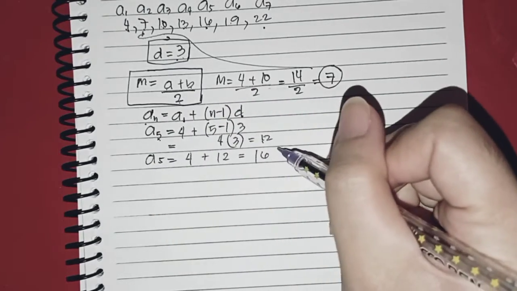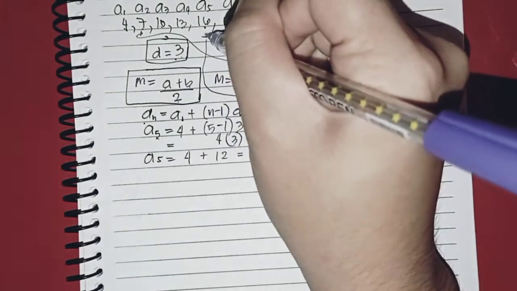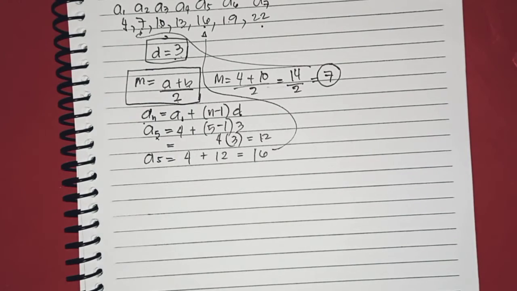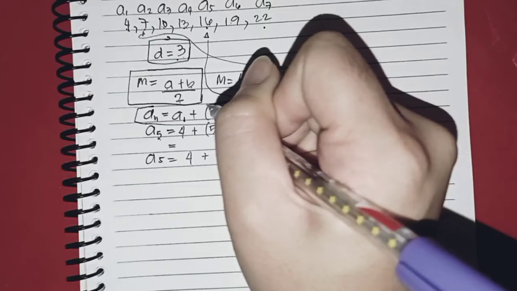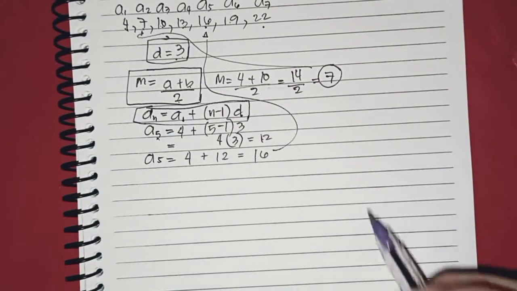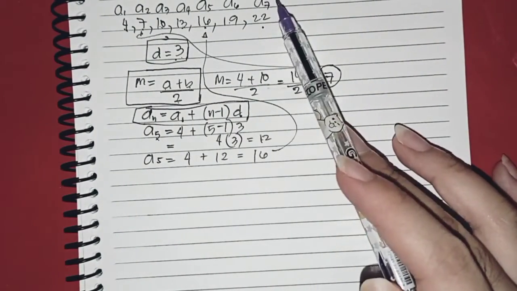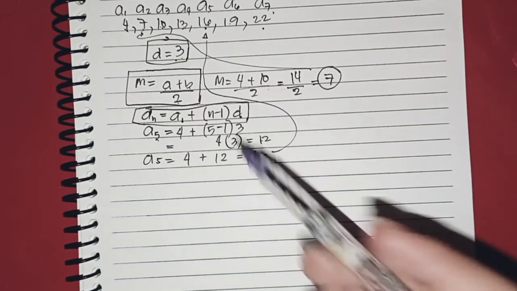So it's correct. Again, this is our formula for finding any term of the sequence, such as the 6th term, 7th term, and so on and so on. We can use this formula.